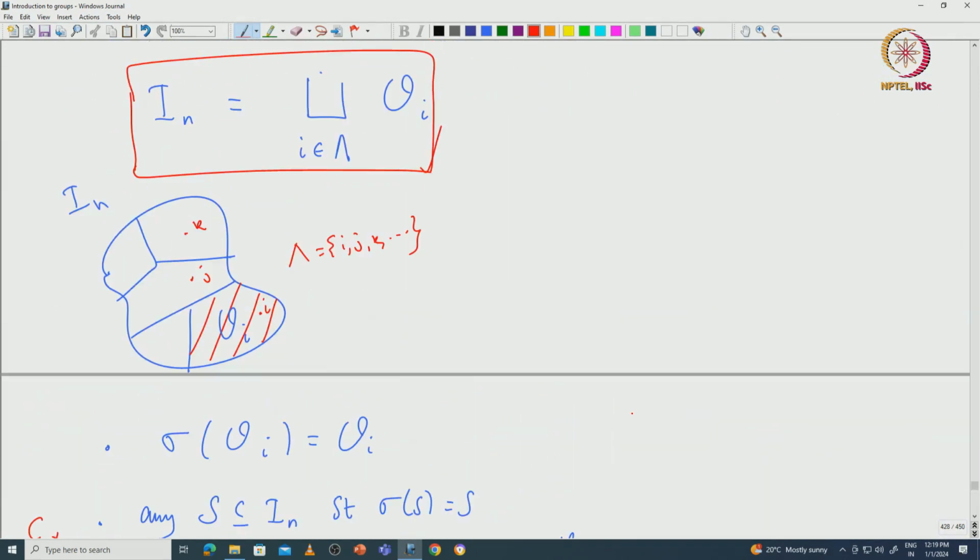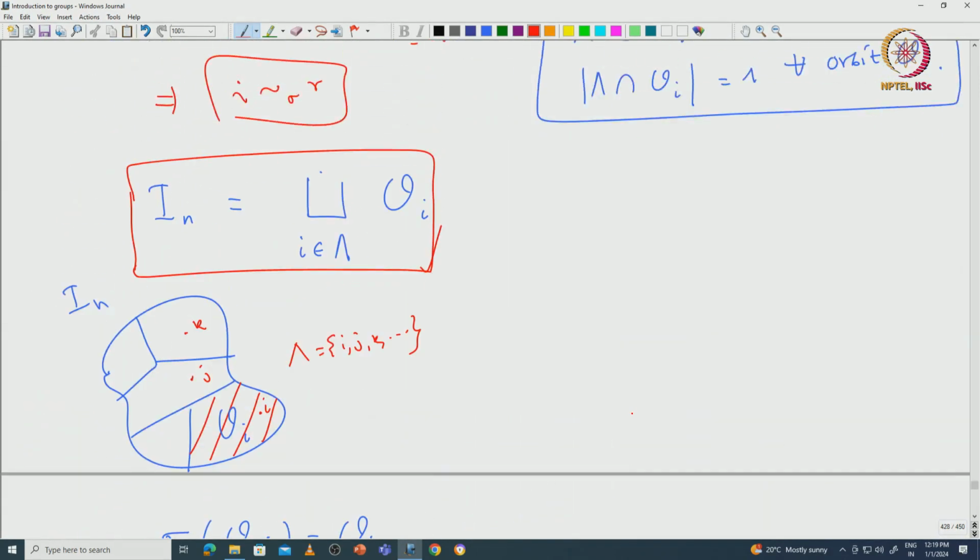More or less it is clear once you know this decomposition into orbits. These orbits are very explicitly given by, for example, if it is coming from i, then this is going to be i sigma_i and so on.